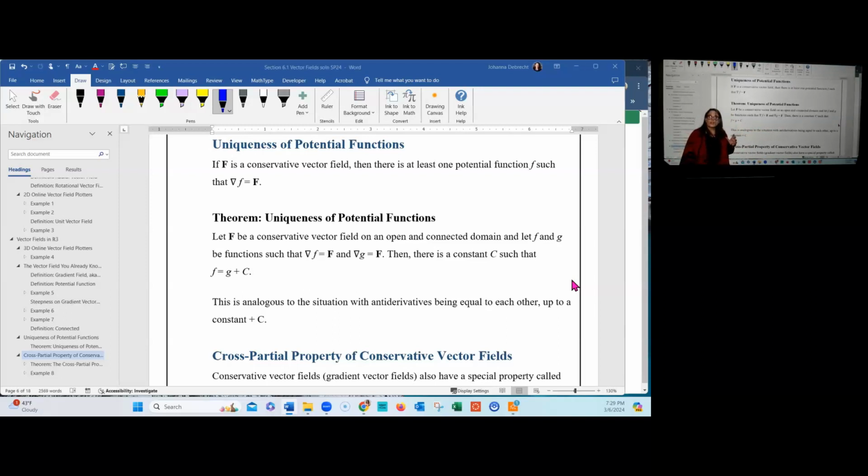In other words, they can only vary by a constant because their partial derivatives are identical. If they're both potential functions for the vector field, then their first partial derivatives must be the same. And that means that they can only be different by a constant.